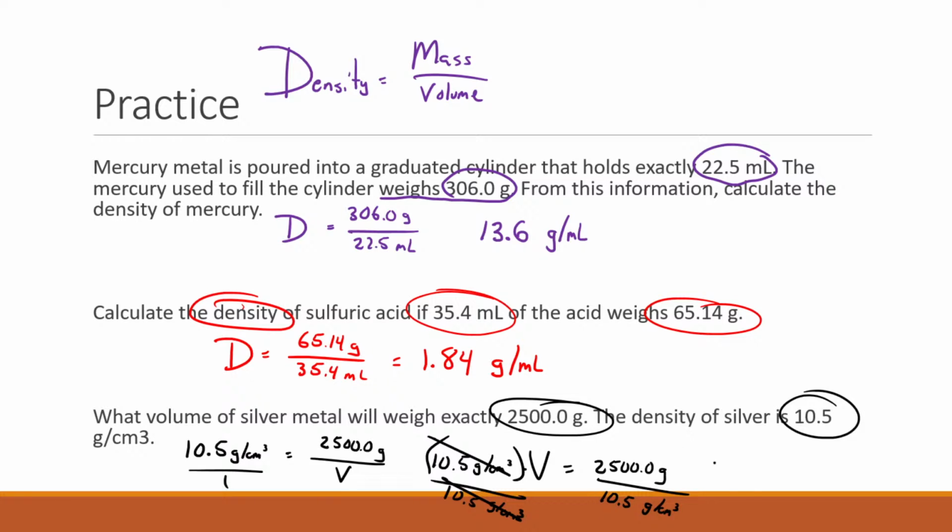When we plug this in, we're going to get a nice number. Or it's not very nice, actually. 238.09, which we're going to round to the hundredths place, so 239. Sorry, 238.10. And then we need a unit to come with us.